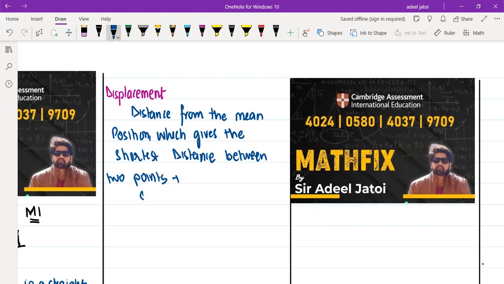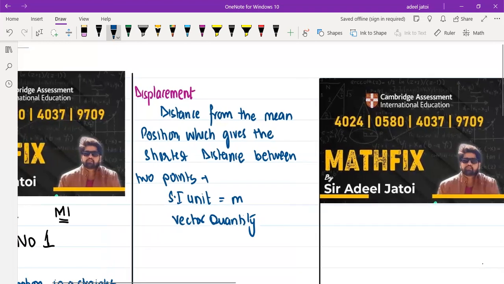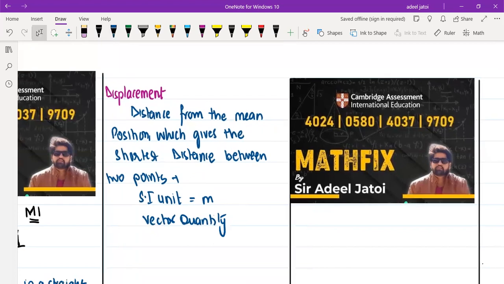The SI unit is still meter, but it is a vector quantity. It is a vector quantity, which means displacement has direction, whereas distance does not have direction.